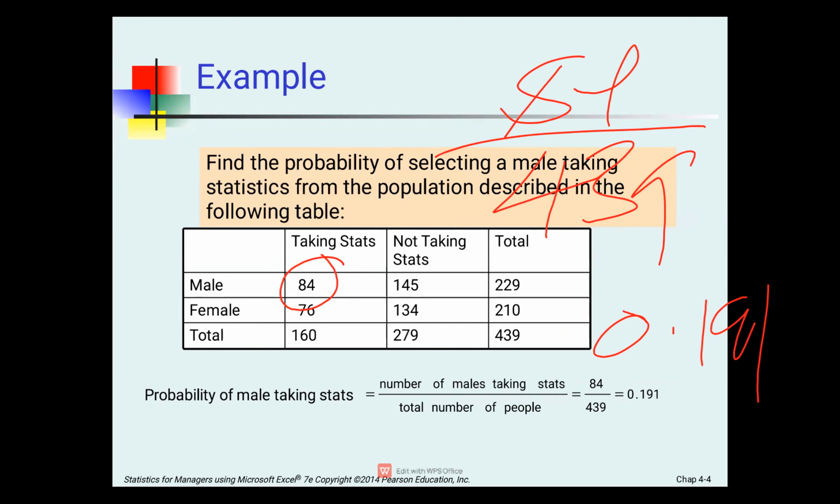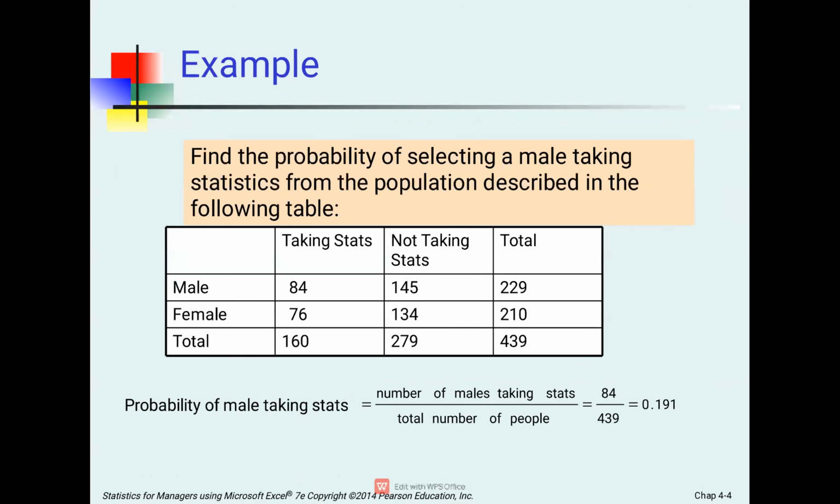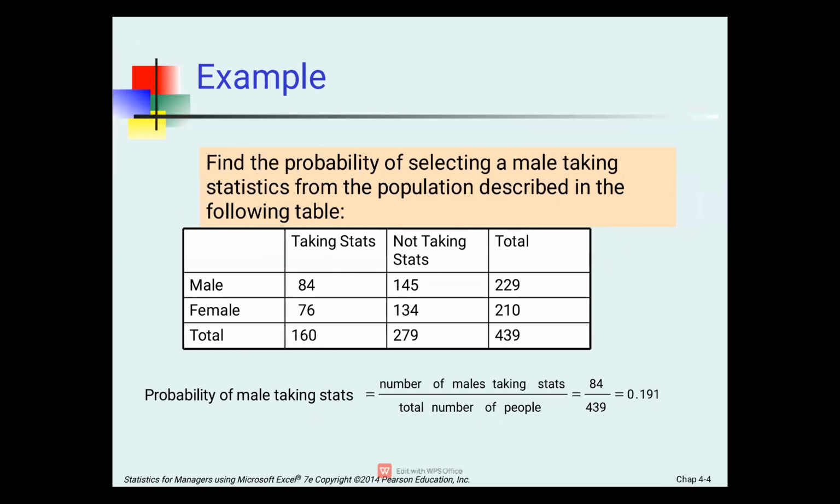So the probability of females taking statistics will be the number of females taking statistics, which is 76 out of what? All the people in the class.